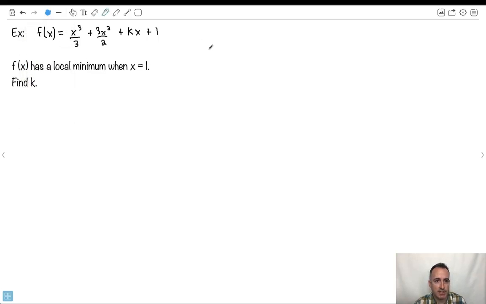We're going to use the idea that, well, local minimum, what does that mean? That means f prime at 1, when x equals 1, we know the derivative is going to be 0. So let's find the derivative at any point. Let's find out what f prime of x is. It's going to be 3 times x squared, all over 3, because the 3 comes in front.